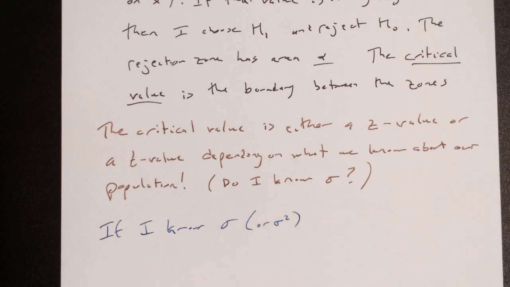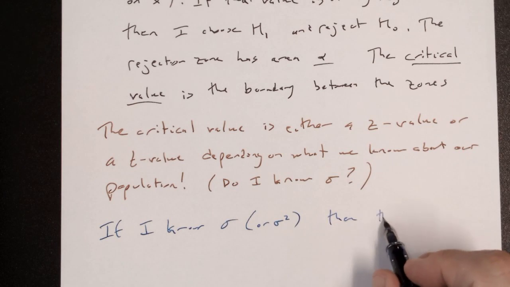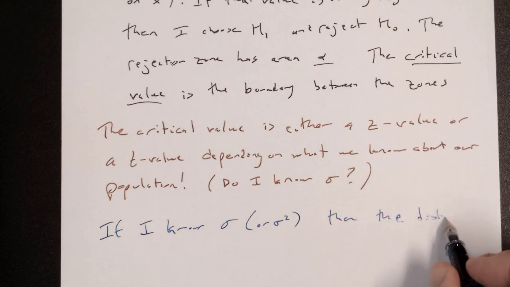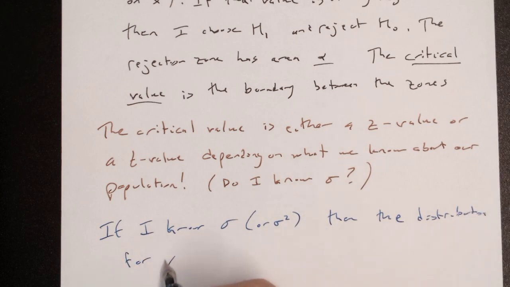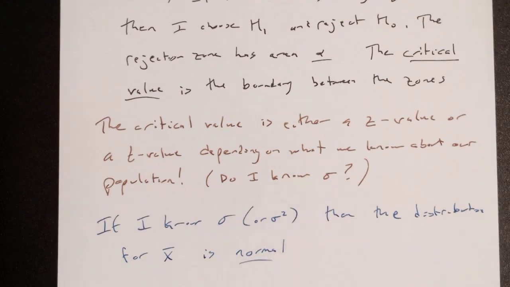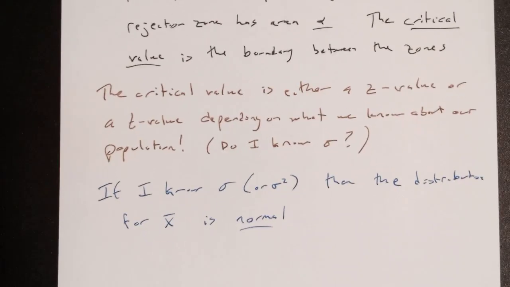If I either know the standard deviation or the variance, then the distribution for X bar is normal. And if I know it's a normal distribution, like I have a normal population or I have a large enough sample that I use the central limit theorem, then I can compute a test statistic based on the average.